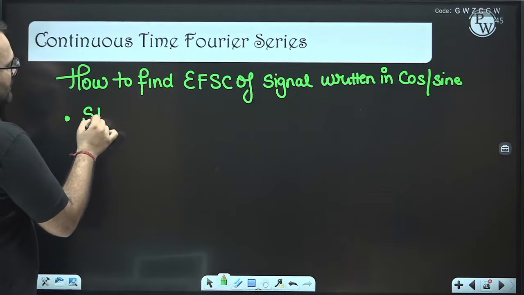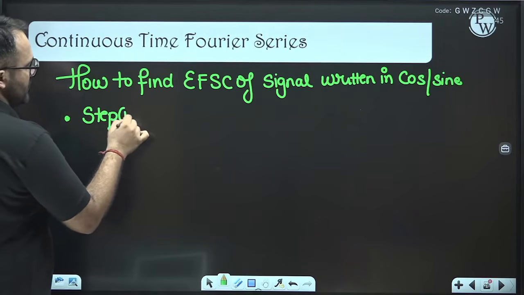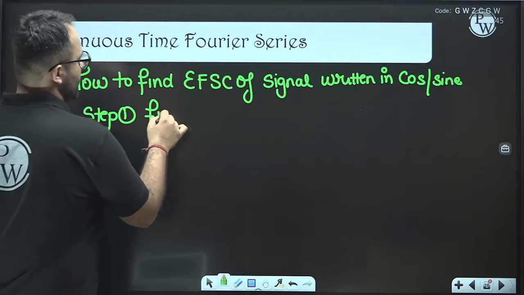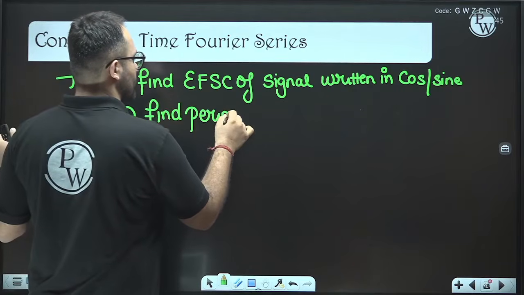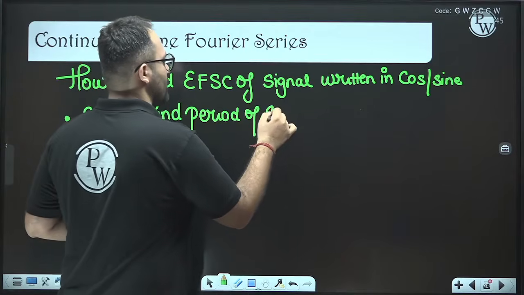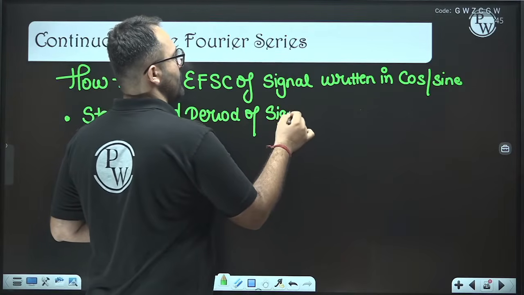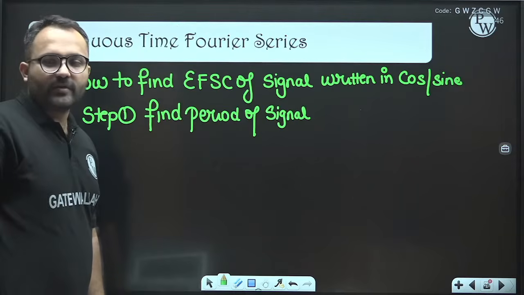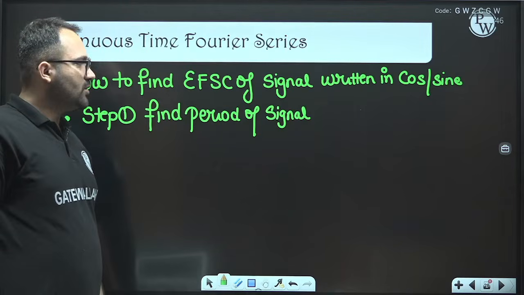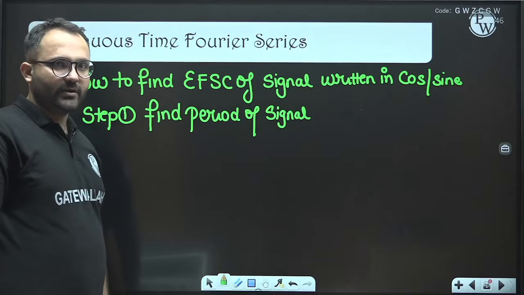First of all, let me tell you the steps. Step number 1, find the period of the signal. We know how to find the period.